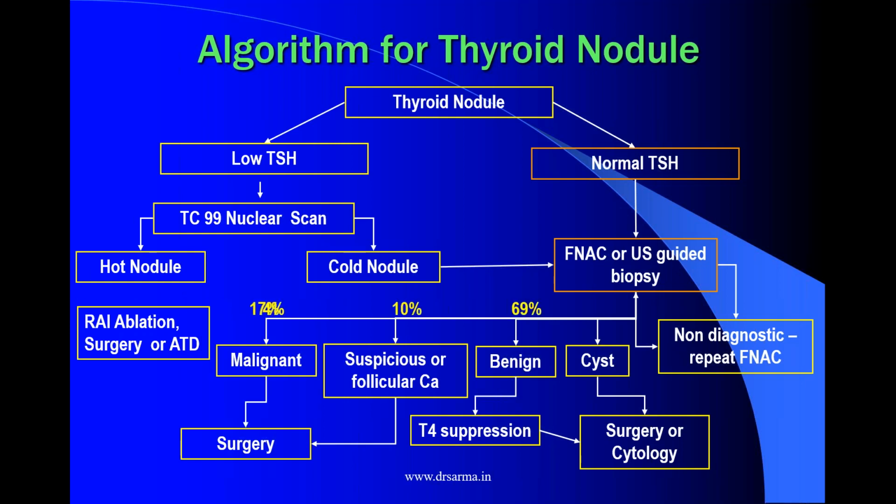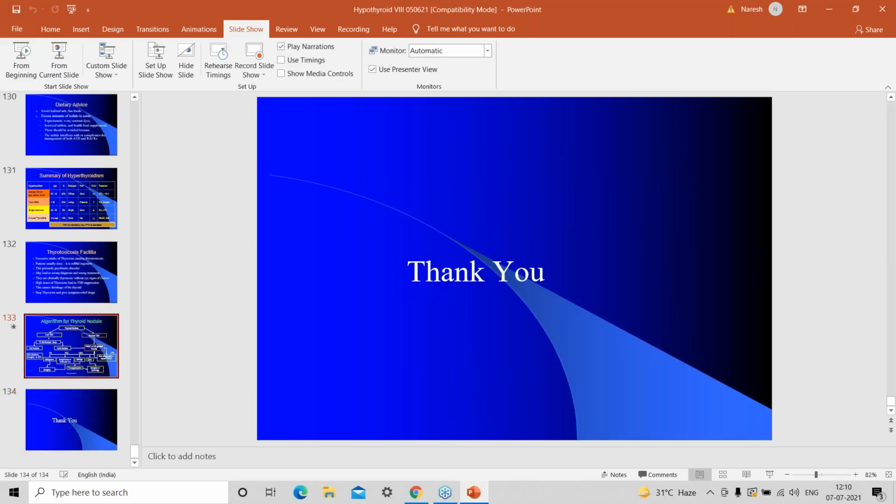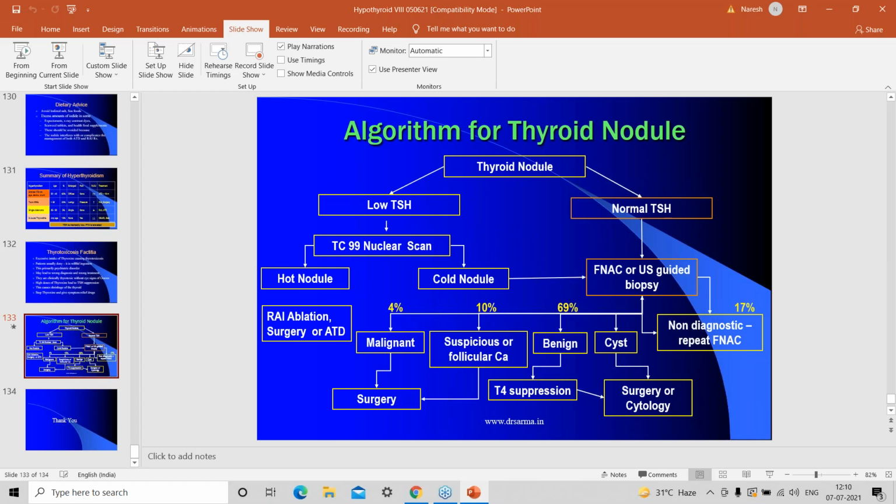I will not take time. Anyway, this was all about hypothyroid and hyperthyroid. For a few cancers, you can see usually the levels are raised, but normal levels can also be seen with thyroid cancers. So you have to remember this.